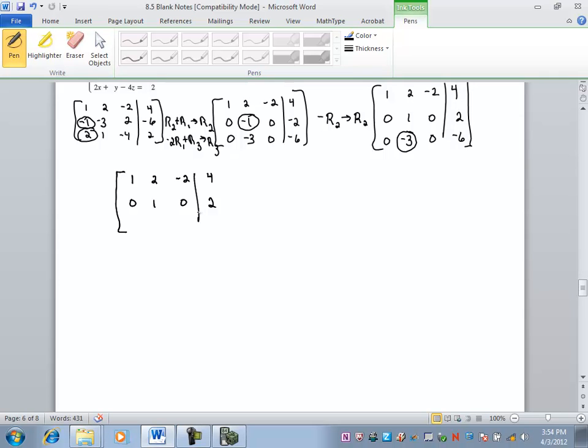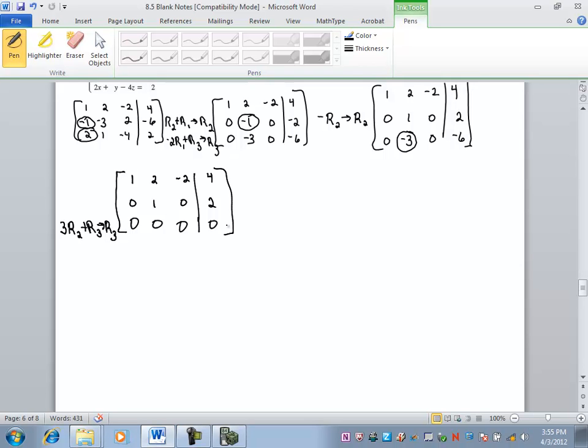And I'm going to now multiply row 2 by 3 and add row 3, and that will be my new row 3. So here we go. 3 times 0 is 0 plus 0 is 0. 3 times 1 is 3 minus 3 is 0. 3 times 0 is 0 plus 0 is 0, and 3 times 2 is 6 minus 6 is 0.